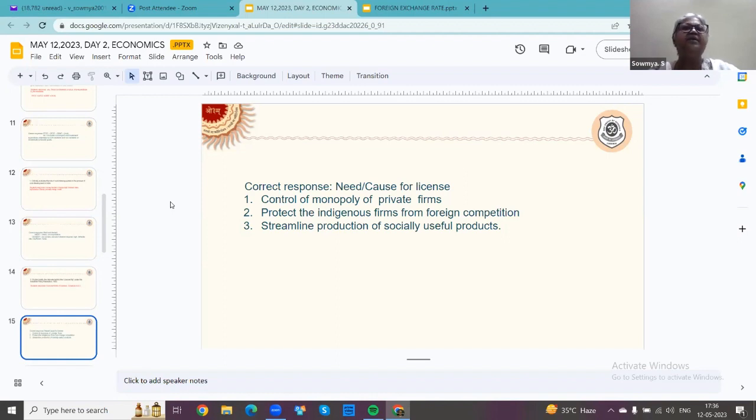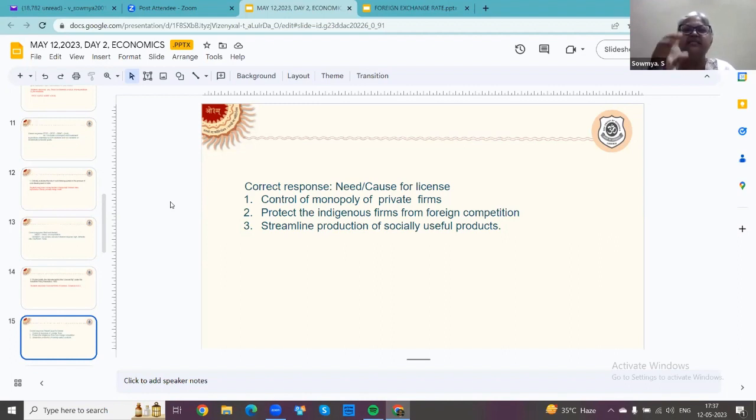But this was a time period just after the colonial rule. The government had to provide a lot of welfare oriented production units because the people had to sustain. So much of poverty and underdevelopment was there. The country had to come out of the shackles of colonization. So there was a need to streamline the production. So socially useful products were to be produced. So the government had major control and said, okay, nationalization, industry should be nationalized, isn't it?